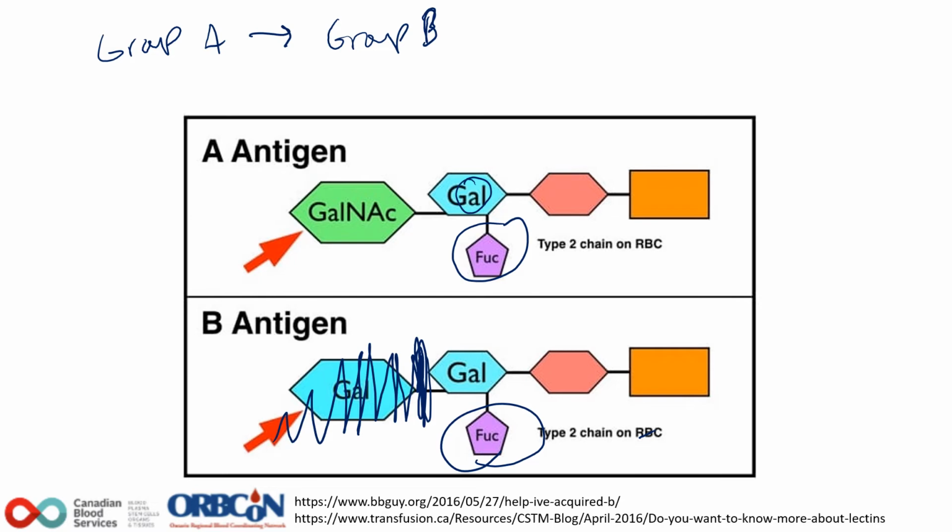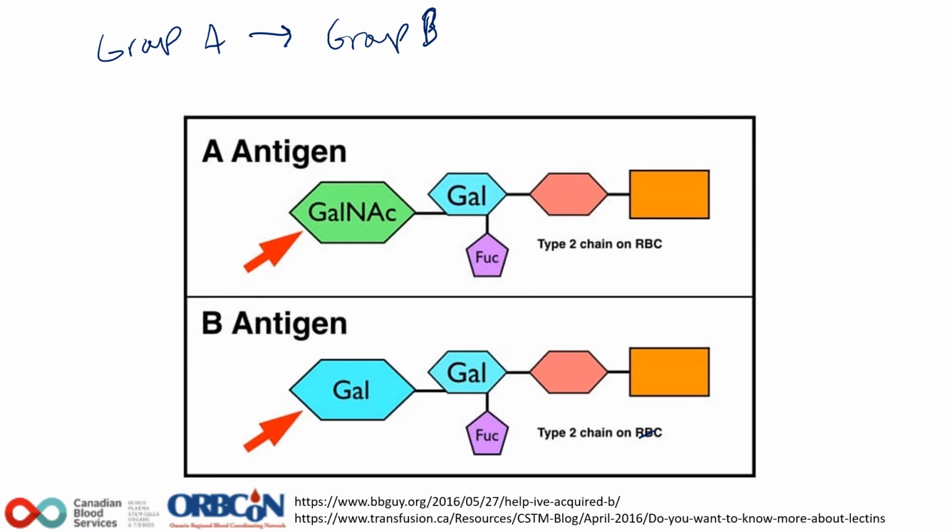If you are a group A person, you'd have the addition of the fucose first and then the GalNAc second. If you're a group B person, fucose goes on first, galactose goes on second. Structurally, these two sugars are actually very similar to one another.